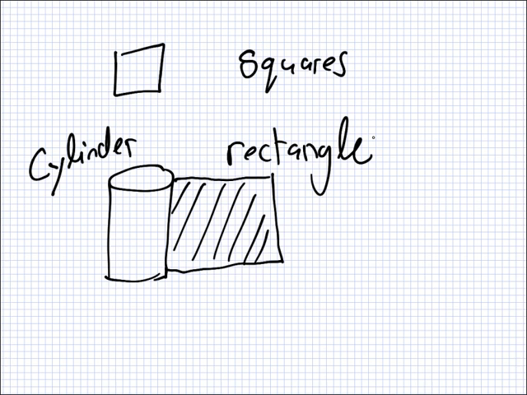Oh yeah, the lights. No, the actual cylinder. Yeah, cylinder. And one more. This shape. Rectangle. Maybe cube. Cuboid. Yeah, maybe. Okay.